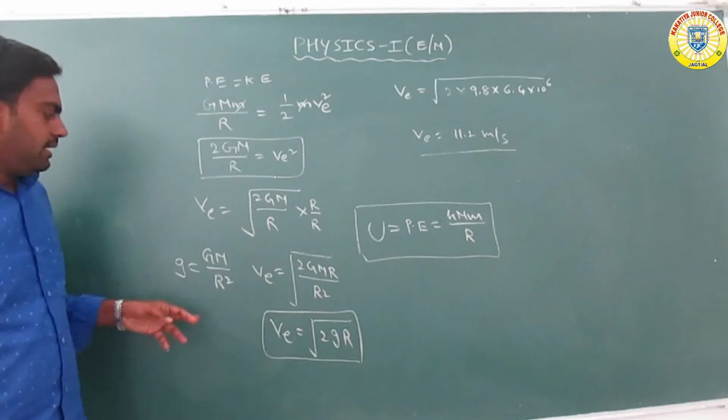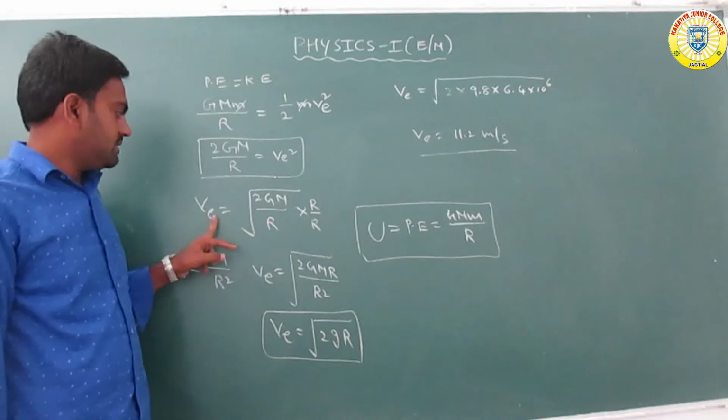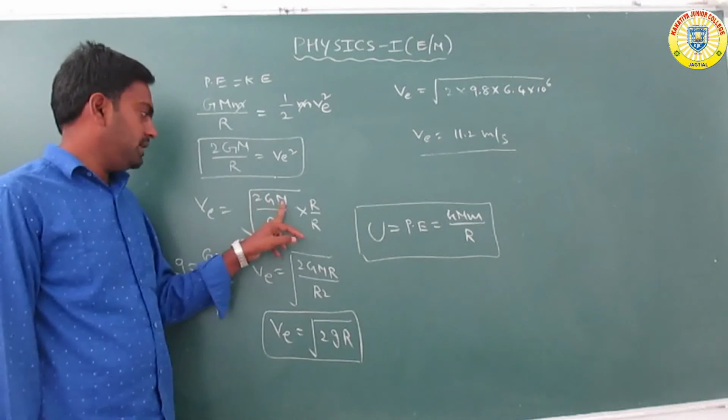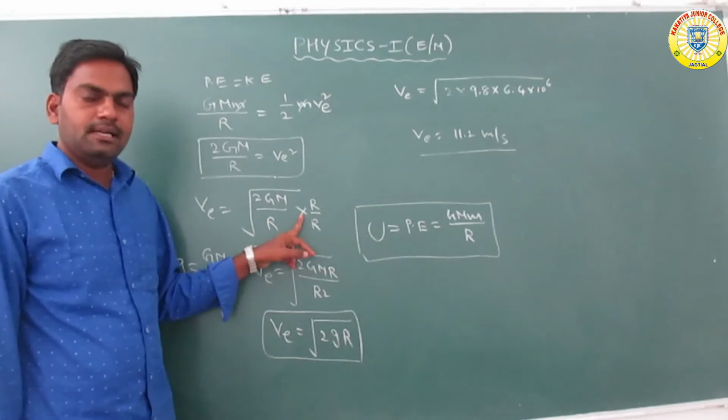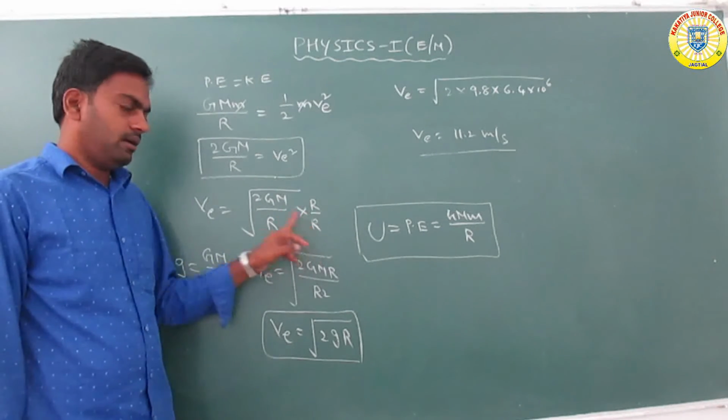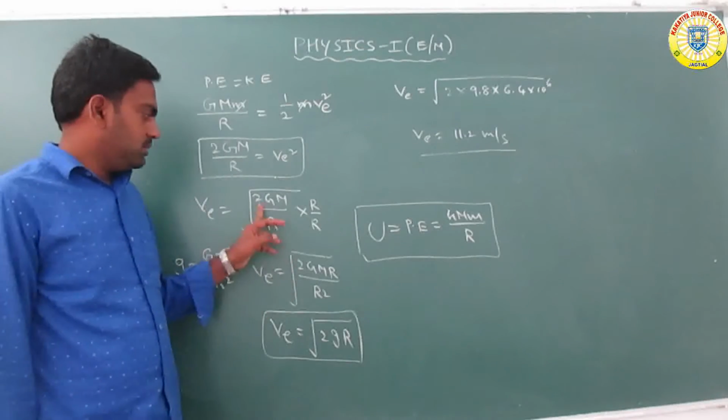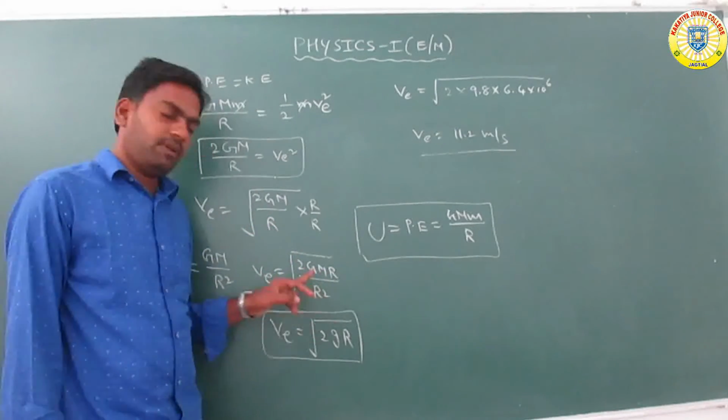So in the equation v is equal to the square root of 2GM by R, multiplying and dividing by R gives 2GM R by R square.